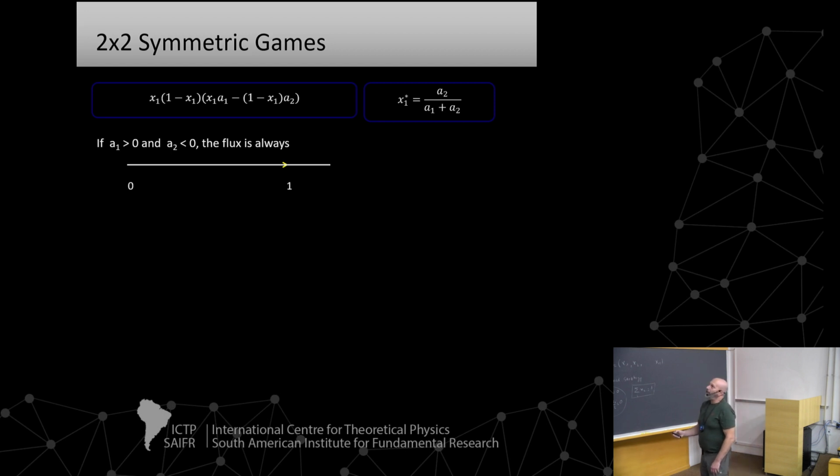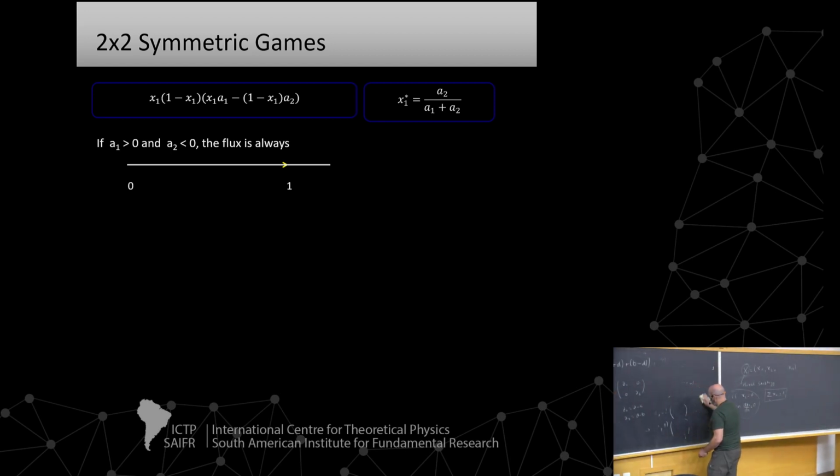Suppose that A1 is greater than 0 and A2 is less than 0. And again, remember that this is the equation for the evolution, and this is the equilibrium in the middle.